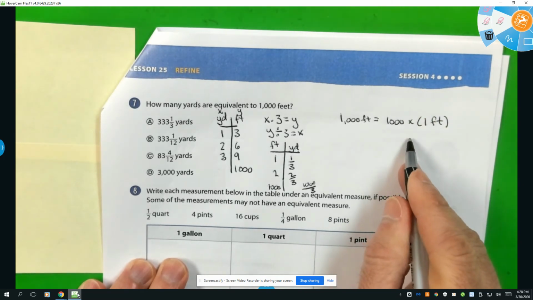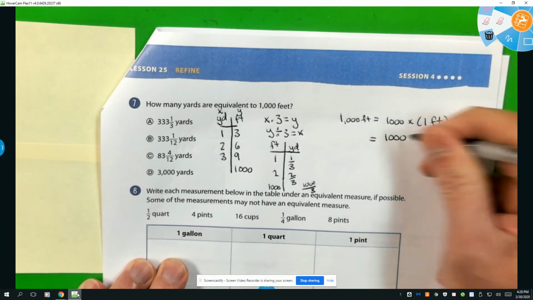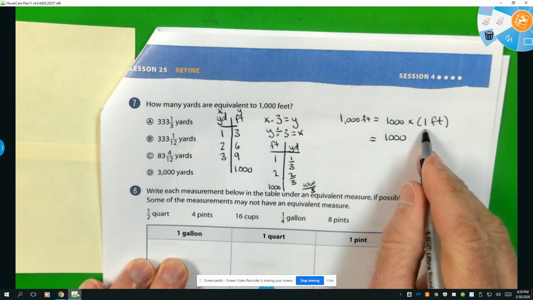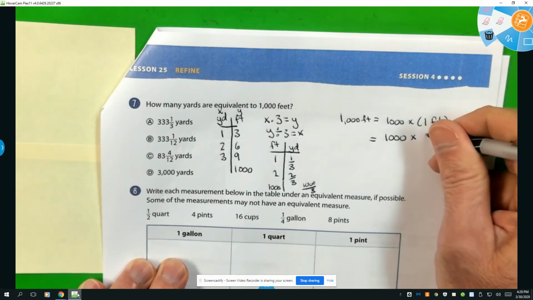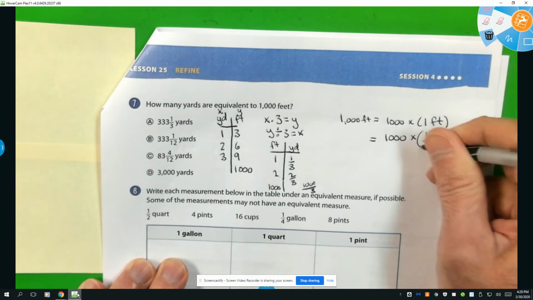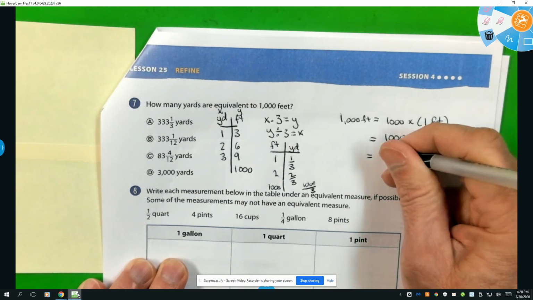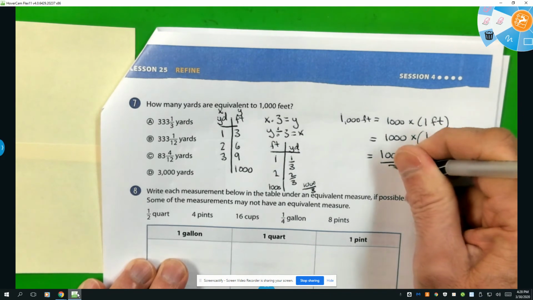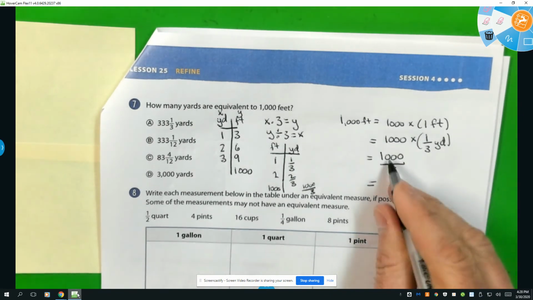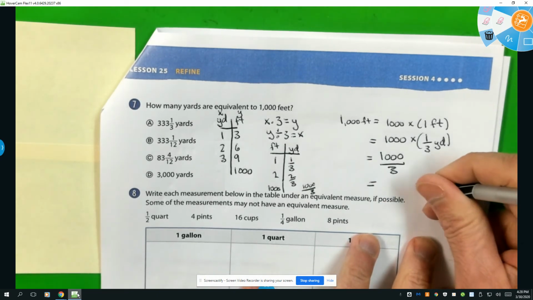And now all I've got to do is my quick conversion. That's the same as saying 1,000 because I'm trying to turn this into yards. What is a foot compared to a yard? Times 1/3 yard. And 1,000 times 1/3 equals 1,000 thirds. Okay, so fractions as division, that's going to be 1,000 divided by 3.